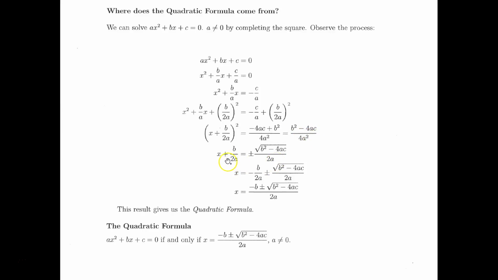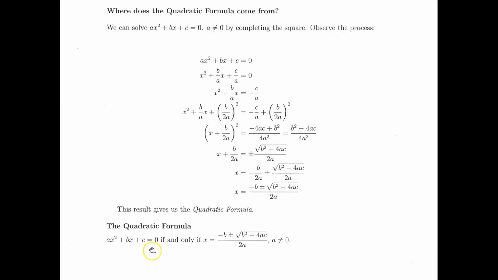Then we subtract b over 2a from both sides, and we have minus b over 2a plus or minus the square root of b squared minus 4ac over 2a. With a common denominator, we can write the opposite of b plus or minus the square root of b squared minus 4ac all over 2a, and this result gives us the quadratic formula.